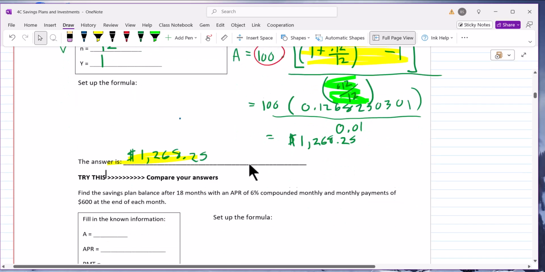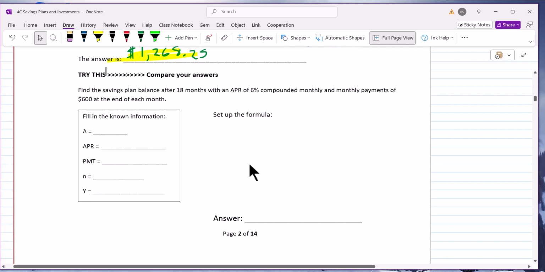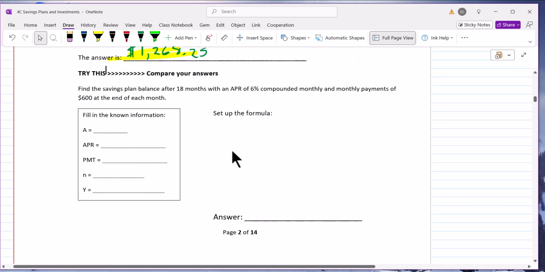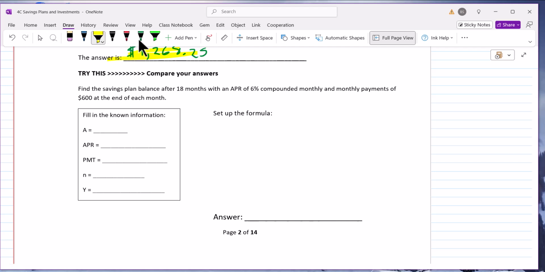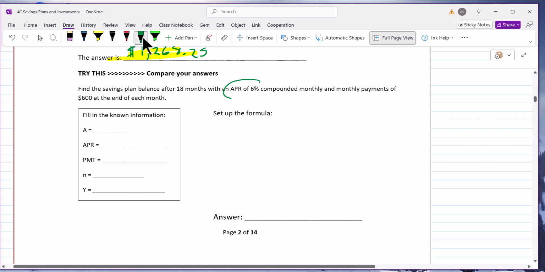Now, I want you all to just kind of try and see if you can do this problem yourself. And there's one thing I do want to mention because I don't want you to mess up on this part. Let's just kind of identify everything together. So the APR is 6%, but what do you need to do with that percent? Change it into 0.06, okay?